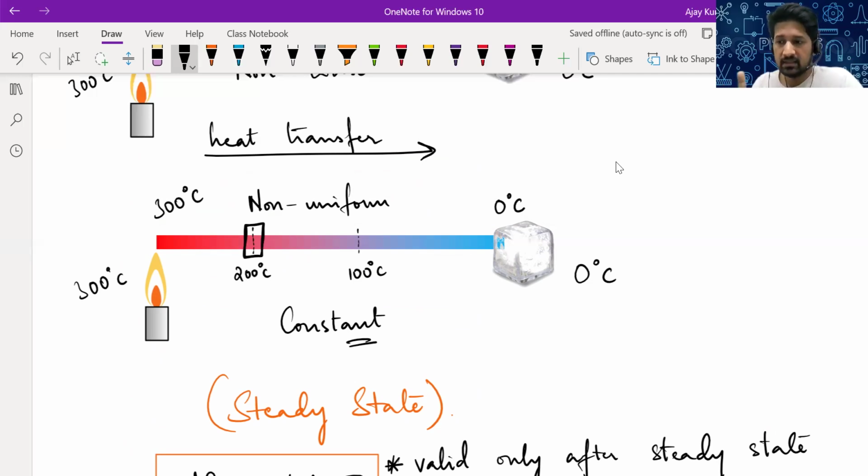And since the layers have attained a steady temperature, a constant temperature, we can tell for sure that the heat received by the layer in a certain amount of time is equal to the heat released by it. Means inflow of heat should be equal to outflow of heat. That is what we call steady state.